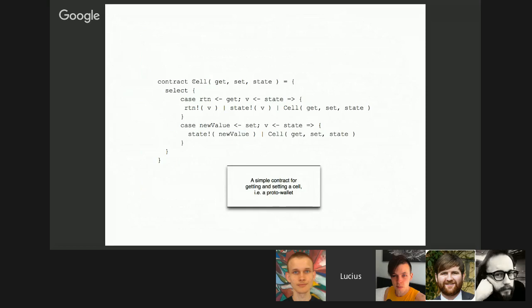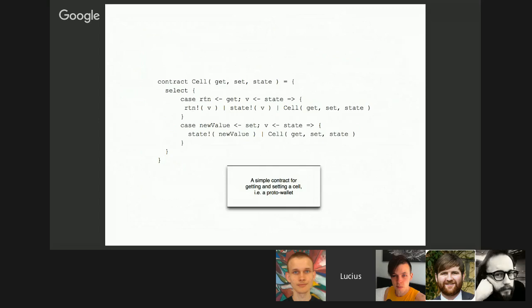It's a process that is parametric in a channel get, a channel set, and a channel state. And the idea is that you select on a couple of different possible message flows. One of these cases will run and the other will not.